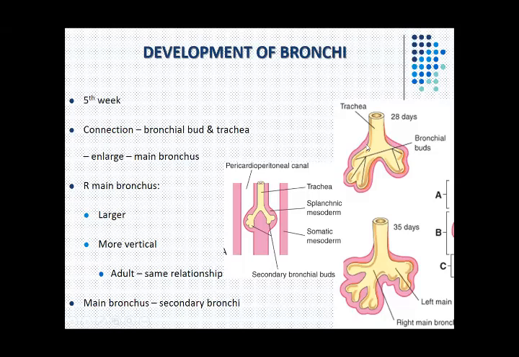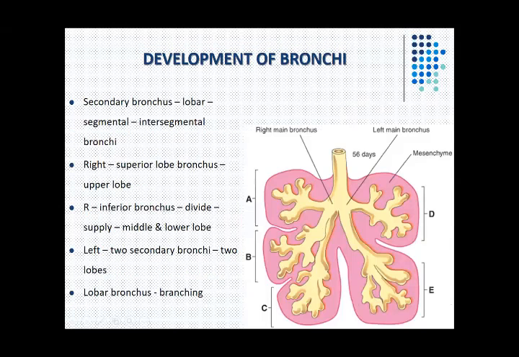Okay, so main bronchus divides into secondary bronchi. अब secondary bronchi से फिर tertiary, फिर lobar, फिर segmental bronchus, intersegmental bronchus and so on. अब आपको subdivisions का पता है. The right side, you have a superior bronchus that goes to the upper lobe, and you have an inferior bronchus.